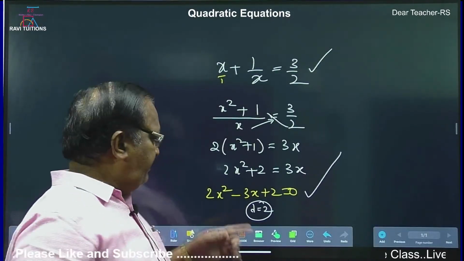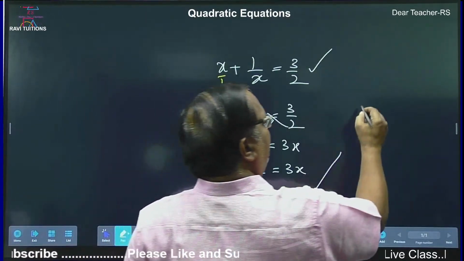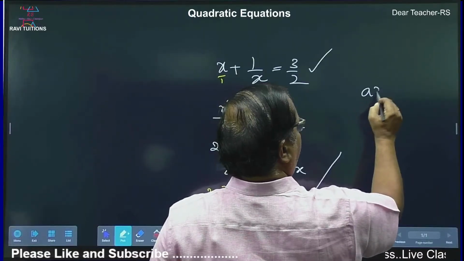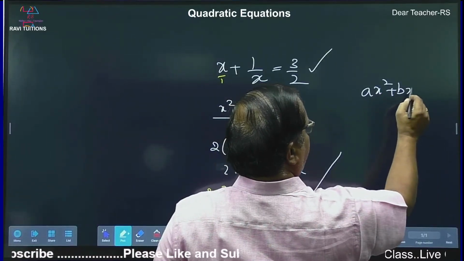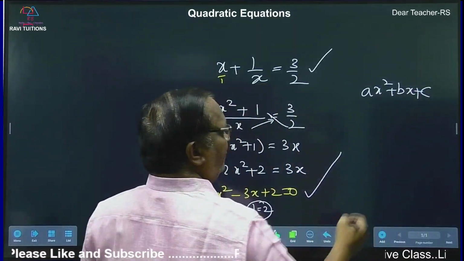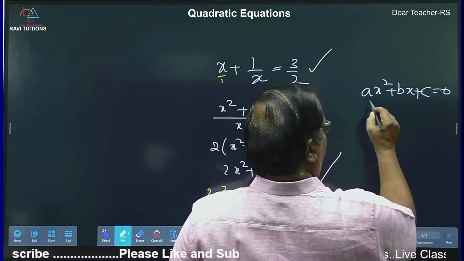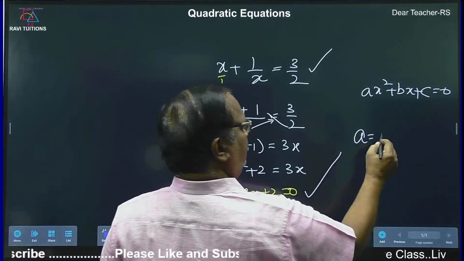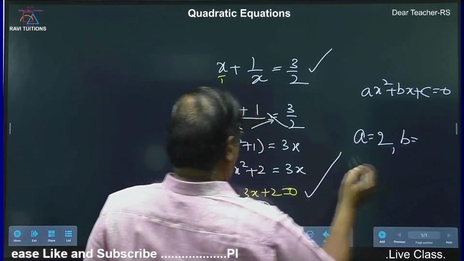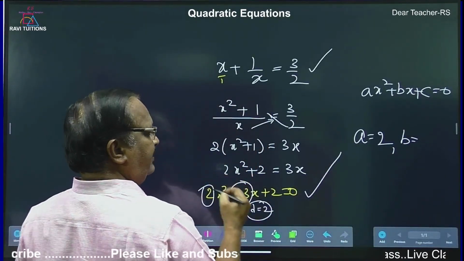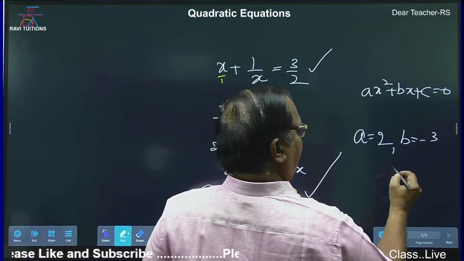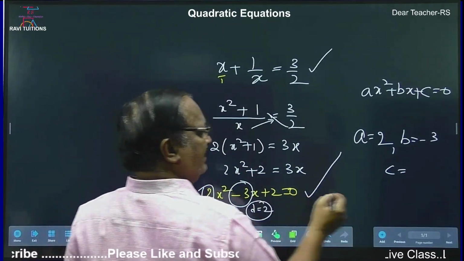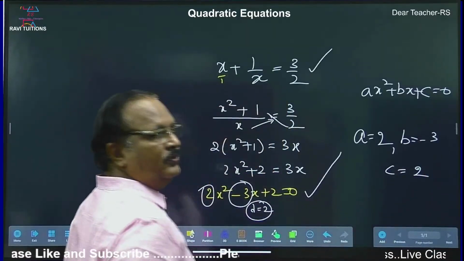So when you compare this with the standard form ax square plus bx plus c, a is equal to 2 and b is equal to minus 3, don't keep only 3, and c is equal to plus 2, so 2.